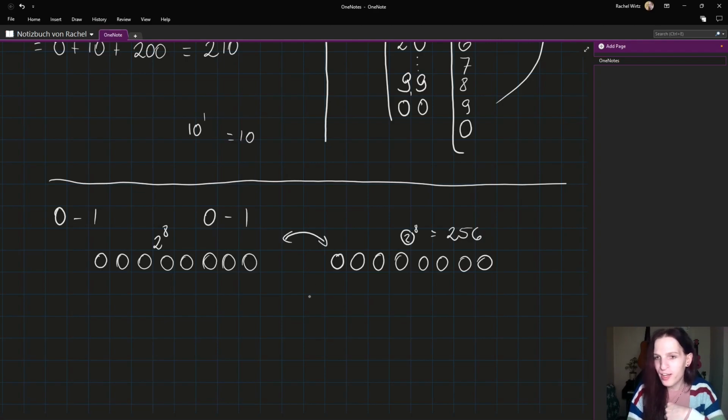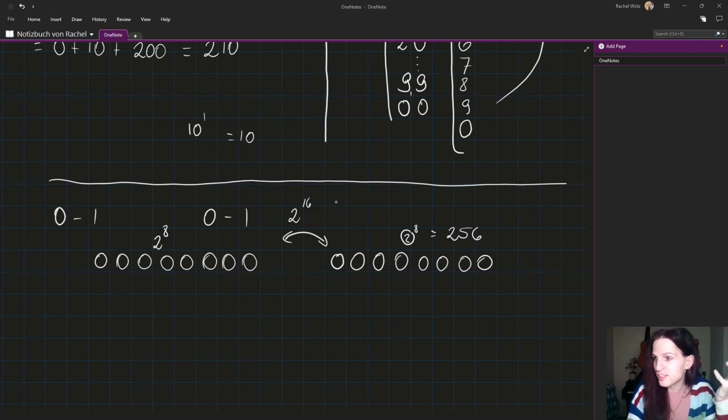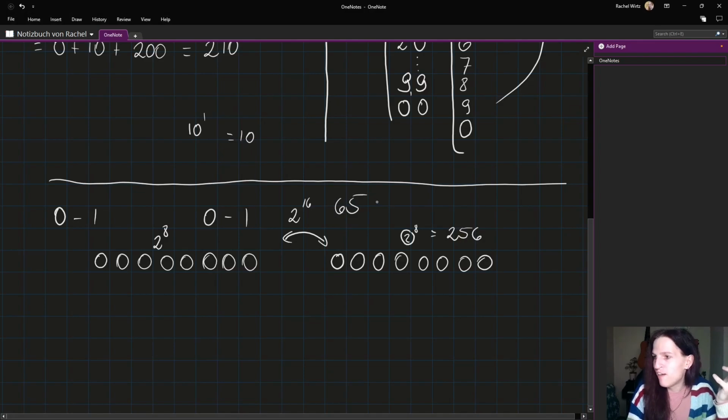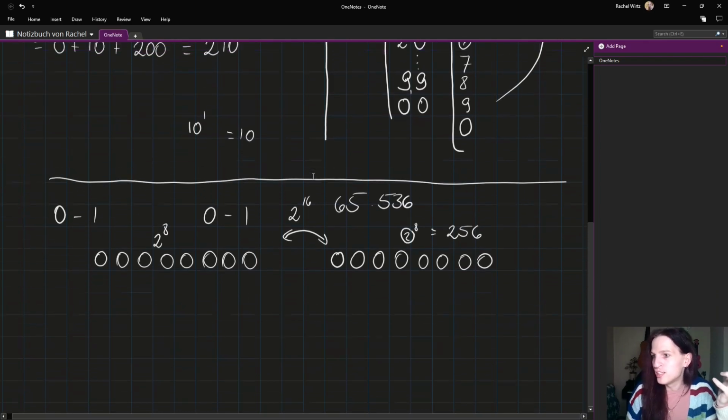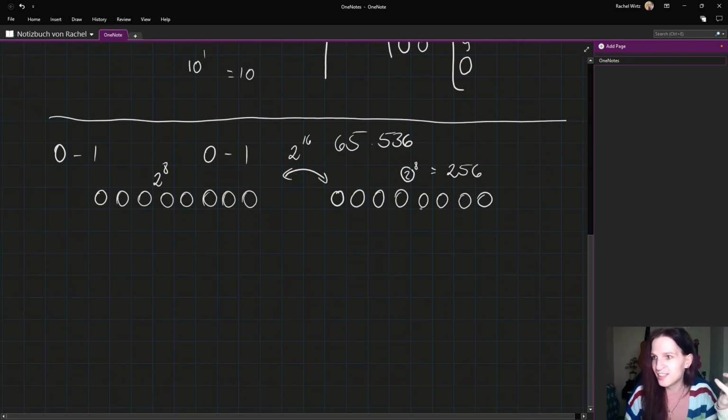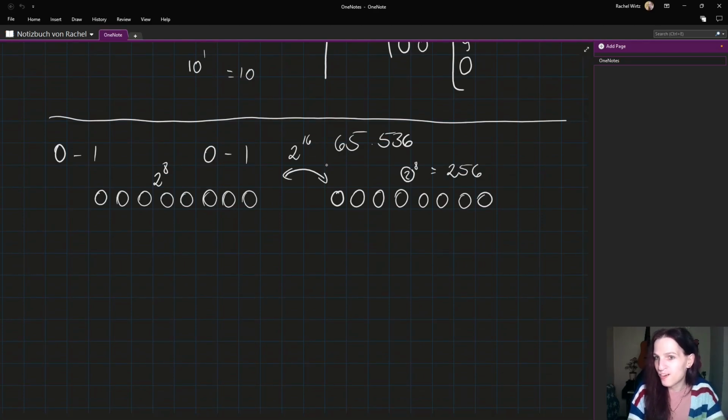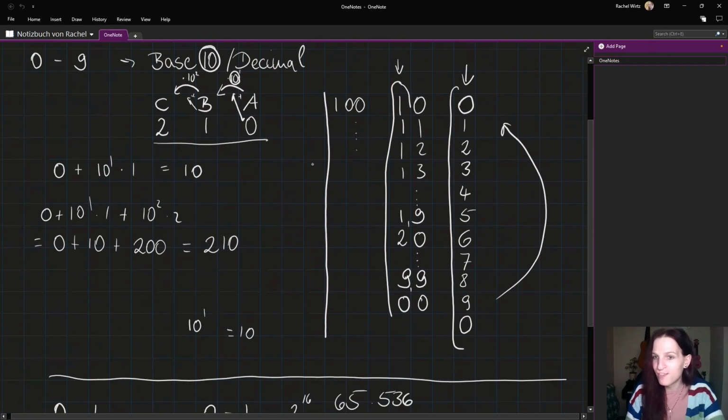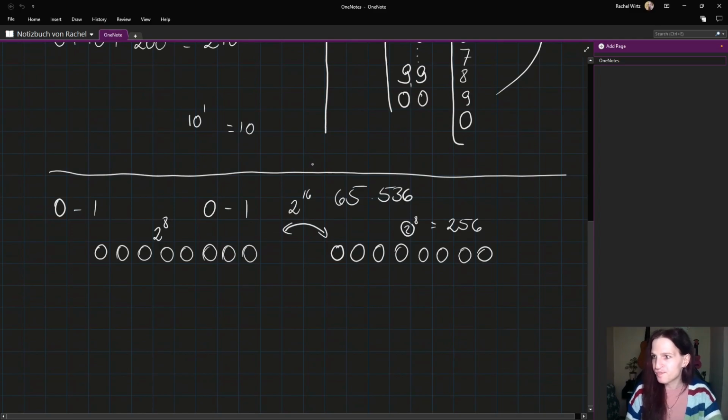If we put 2 together, we have 2 to the power of 16 possible states. And how much is it? 65,536. And we all know that this is the range of an unsigned int 16 integer. Therefore, we have the same principle in our everyday numbers that we have on bytes.